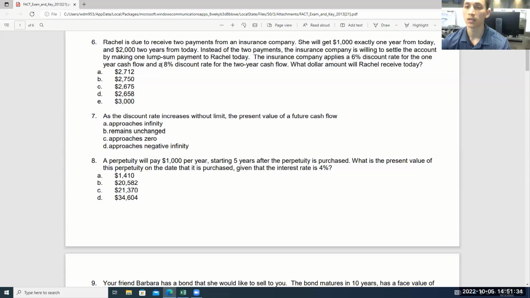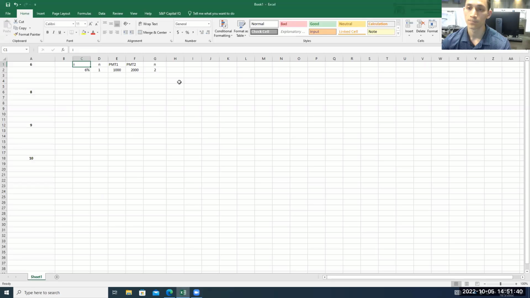It says there will be an 8% discount rate for the 2 year cash flow. It's going to be the $2,000. 8%. This is everything we were given in the problem: our rate, our number of years, and the payment amounts.